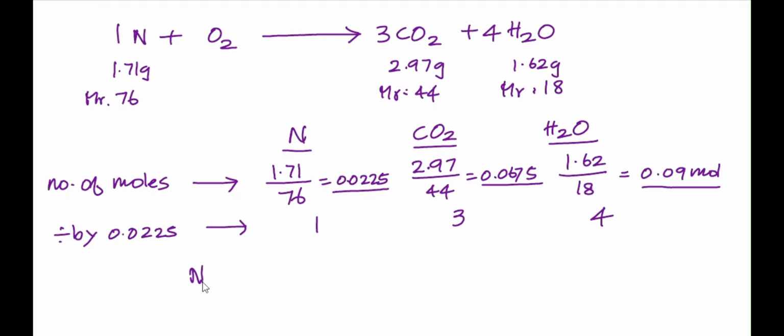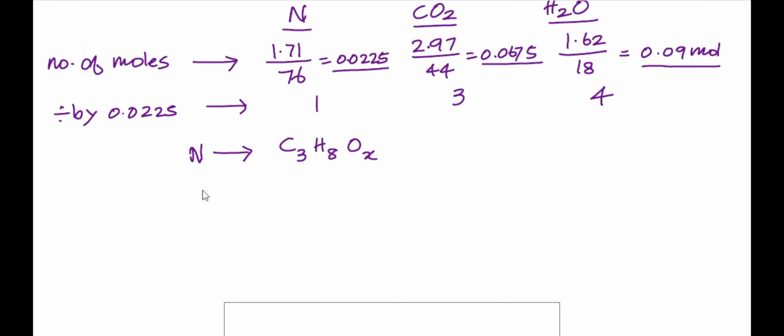So the compound N must be, since all these 3 carbons are coming from N, it must be having 3 carbon atoms. All these 8 hydrogen atoms are coming from N, therefore it should be having H8, but we are not sure about O. Let's put X here because some oxygen is coming from the atmosphere for the combustion. So going by the molecular mass, 76 is equal to 12 times 3, 36, plus 8 times 1, 8, plus 16x.